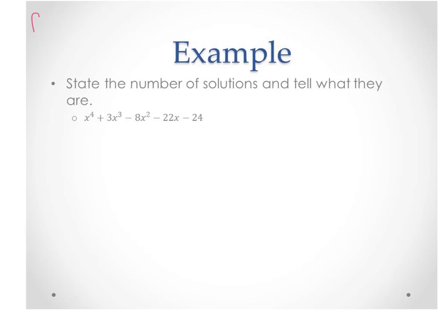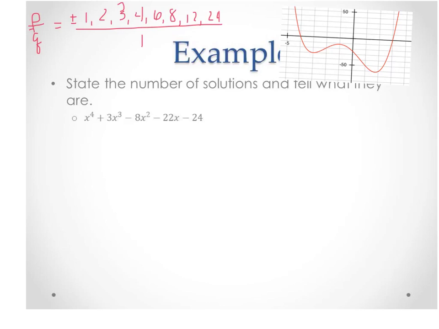If we did our possible rationals, you're looking at plus or minus 1, 2, 3, 4, 6, 8, 12 and 24, all over 1. That's nice. The next step might be to graph it, so let me pull in a graph. Okay, here's our graph, and by the way, this is equal to 0 if we're looking for our zeros.